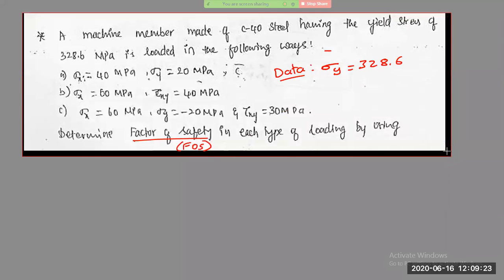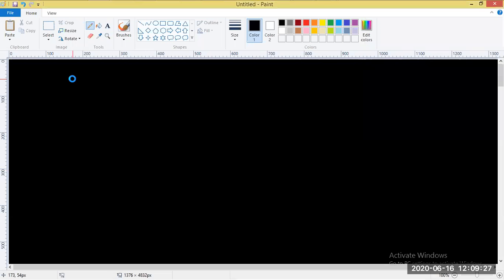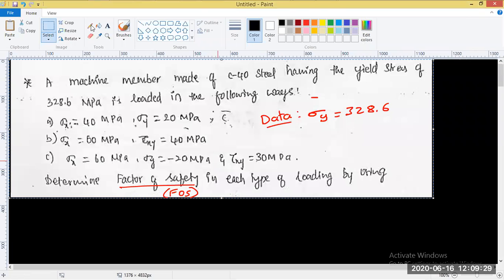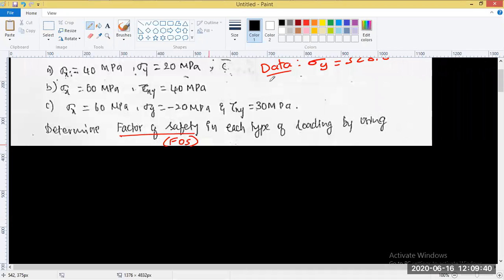I'm just going to copy this question and paste it over here, and we can start off now. So first off, let's see what all theories of failure are in consideration. For this numerical, let's consider the three which we have already discussed. Number one, maximum principal stress theory.